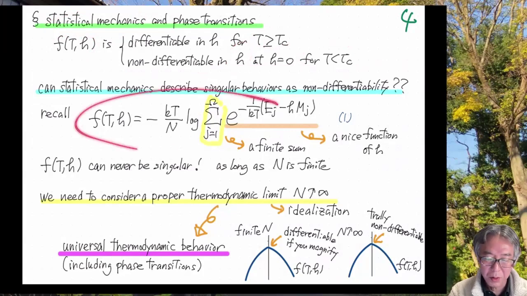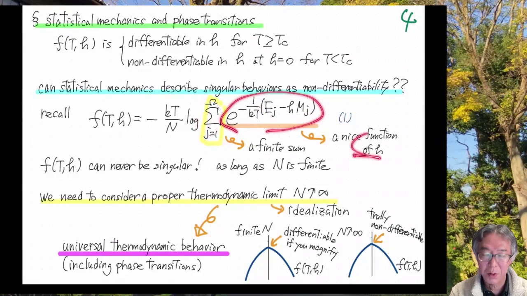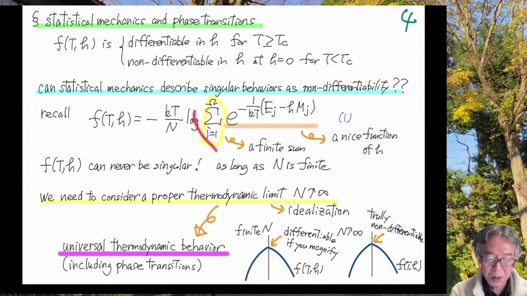I don't want to go into detail, but roughly speaking, in thermodynamics, free energy density is written like this. Here this is energy, and this is the sum over all energy eigenstates. But anyway, in a suitable model, this is a very simple function of h, and this is just a finite sum, like in the Ising model.